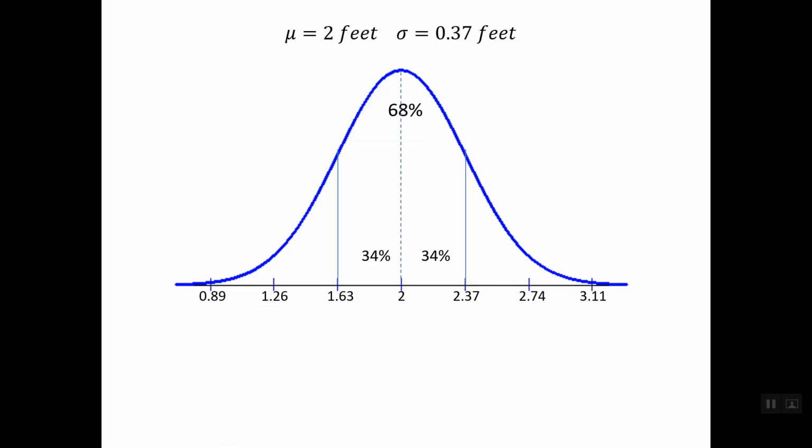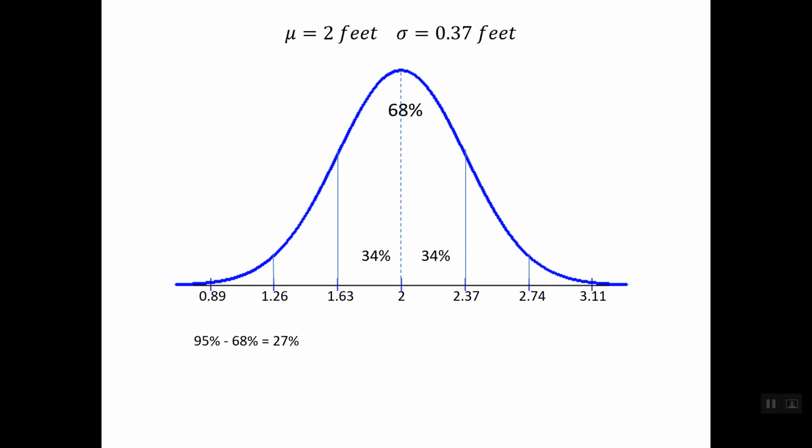Now, I want to fill this out and label this model using the empirical rule statements. So if I go out one more standard deviation, you see these lines flying up here. Now I'm two standard deviations from the mean at 1.26 feet and 2.74 feet. According to the empirical rule, that's 95% of my data.